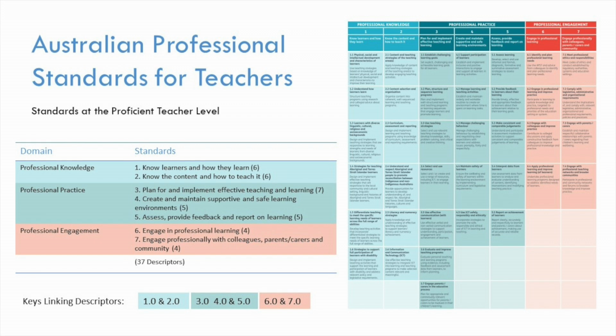I'm sure you're already familiar with the Australian Professional Standards for Teachers, however I'll provide a brief overview. There are 3 domains, including professional knowledge, professional practice and professional engagement, and within those there are several standards, and across those there are 37 descriptors.